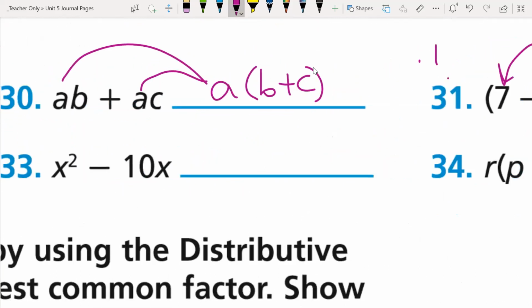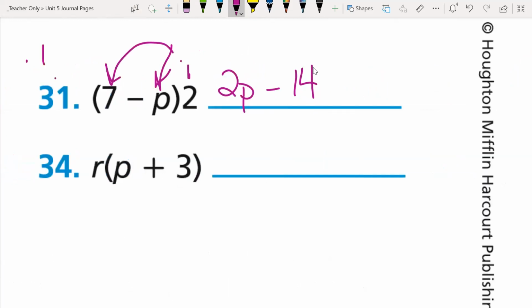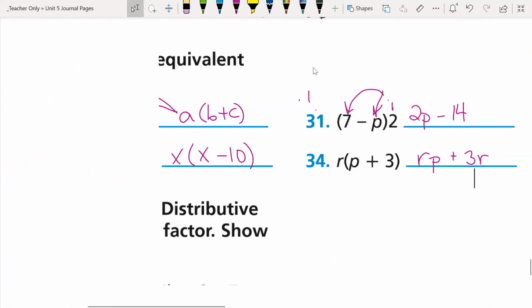Moving on. X squared minus 10x. That's x times x minus 10. And RP plus 3R. Okay.